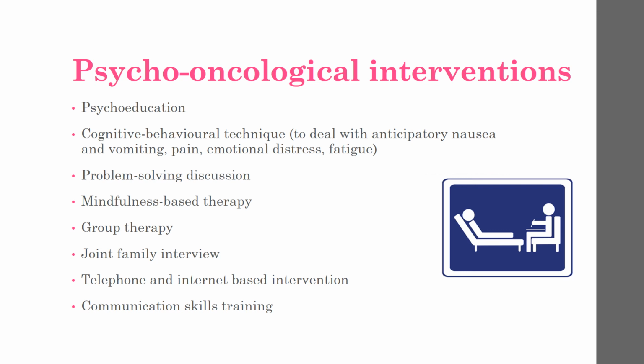And finally, there's been immense research that looks into communication skills training. A lot of it focuses on the oncologist. So how does the oncologist improve their communication style? But more recently, there's been research that looks into communication skills training for families and also for patients. So it started off looking at patient prompts, but it's also now looking at being more family inclusive and ensuring communication within family members and also with the patient, obviously.